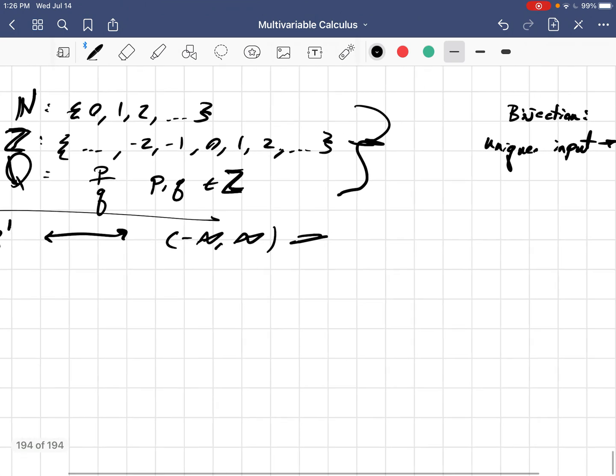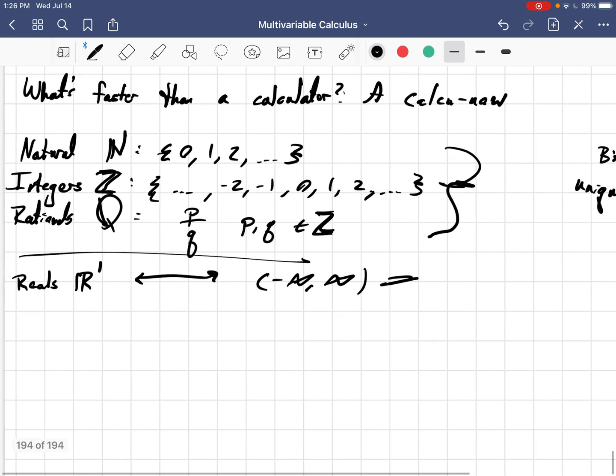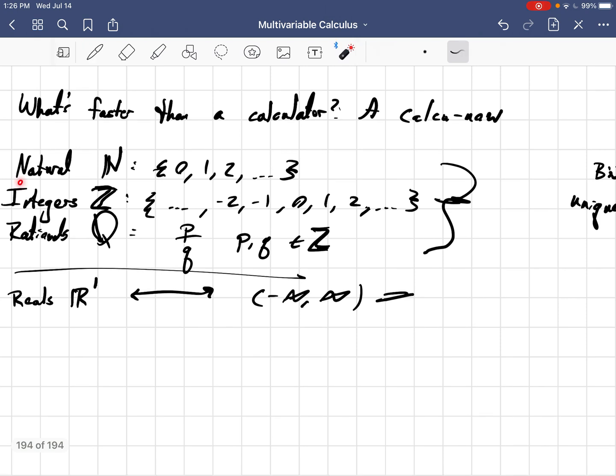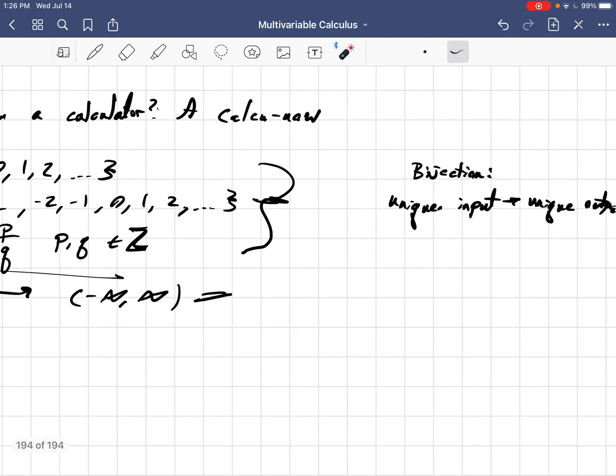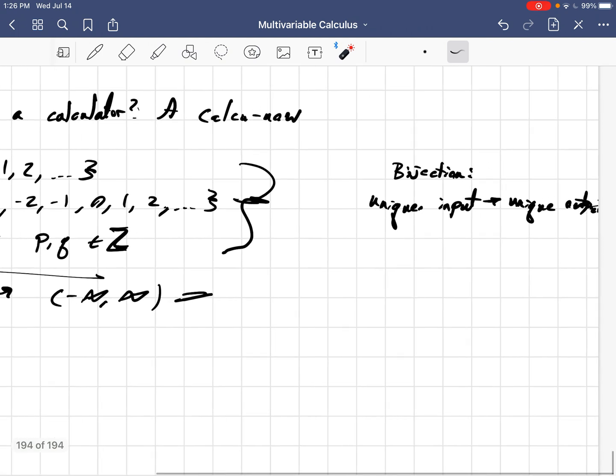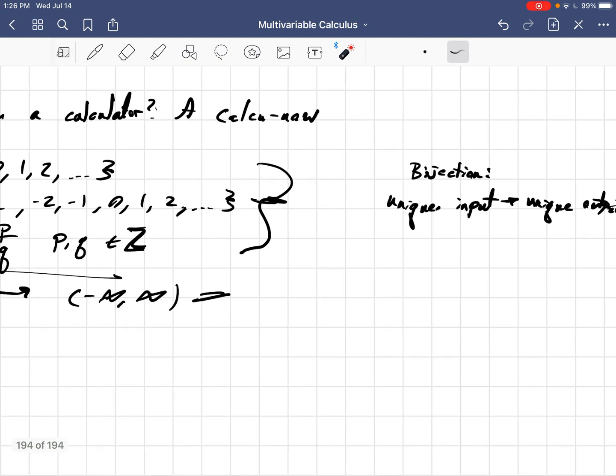And so if we can come up with a way to map every unique natural number to, say, every integer, then we've shown that those two infinities are the same size.